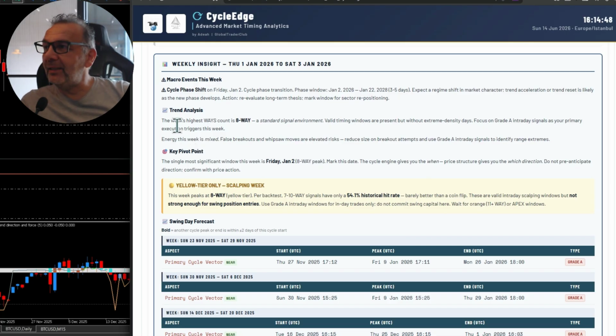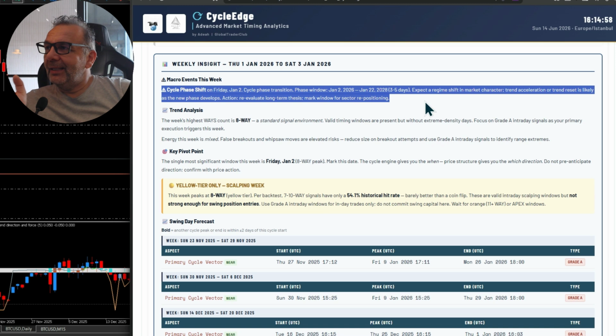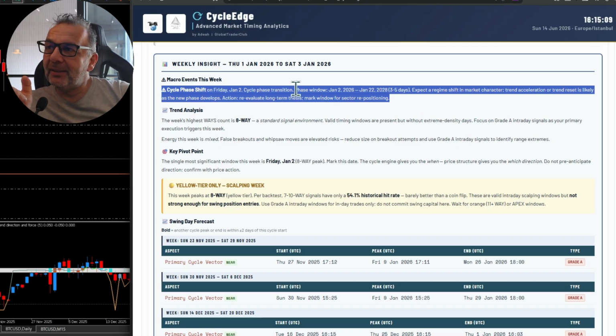Then we've got trend analysis here. One other thing, let's first of all go one by one. This is a good example. Let's read. It says a cycle phase shift. So we're going to shift. When? On Friday, January the 2nd. Cycle phase transition.